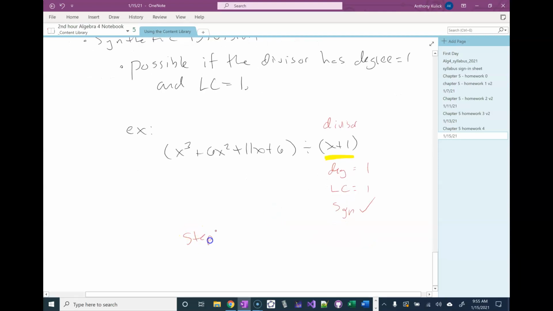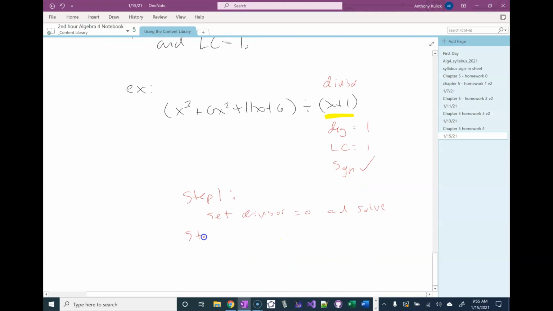Okay, so step 1, what we do is we set the divisor equal to 0 and solve. Step 2, we do synthetic substitution on the dividend with the answer from step 1.